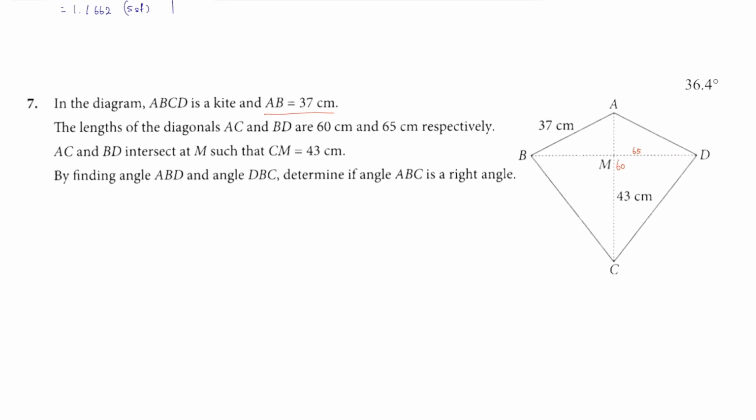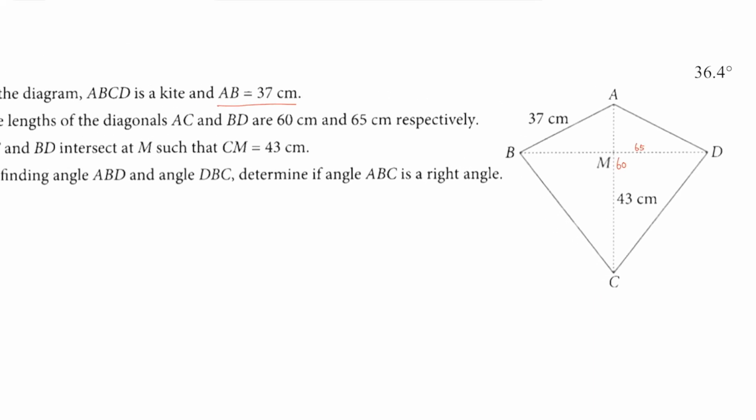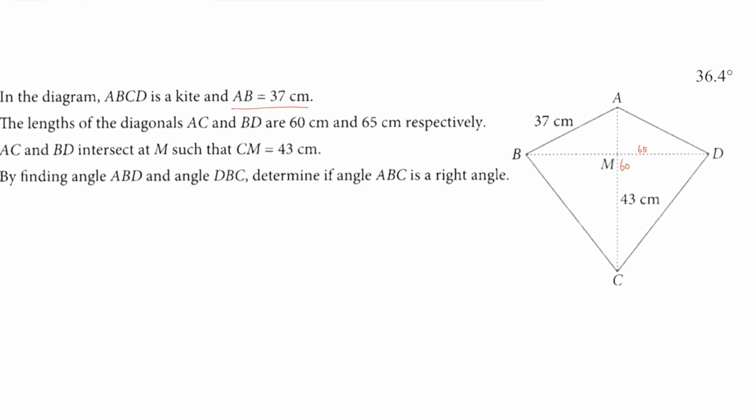We also know that the diagonals of the kite cut each other, this AM cuts this BD equally. So we can actually find out what is MD or BM.